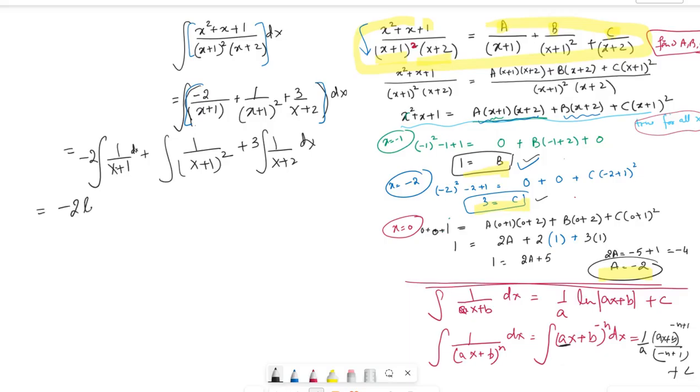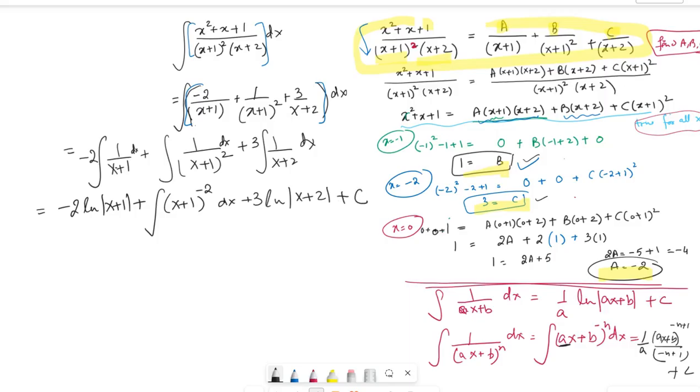Negative 2, this first one would be just natural log of x plus 1, plus this one can be written as x plus 1 power negative 2, plus this one is easy using natural log x plus 2 plus C.